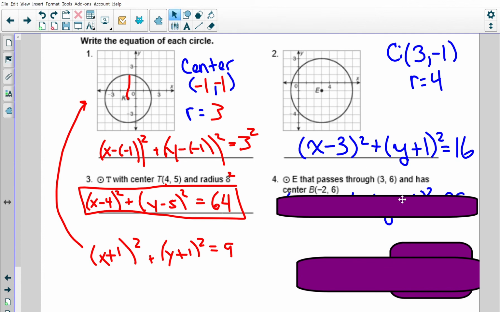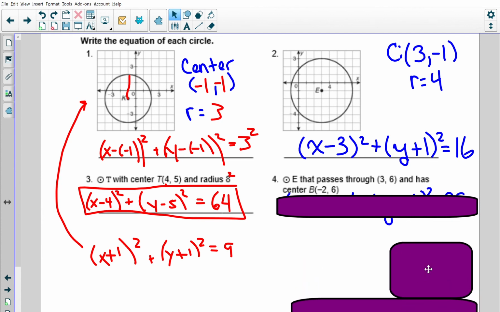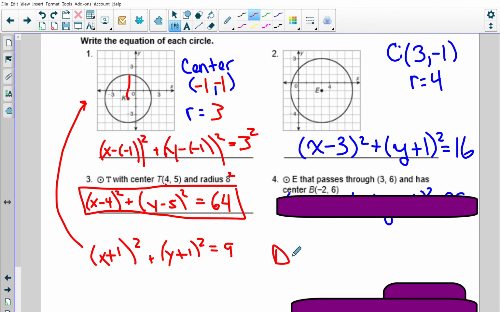How would you do this one over here? Well, it passes through 3, 6. Oh, I guess I should teach you how to do this one. All right, it passes through 3, 6 and has center, so you have to work out the distance formula, which is going to be 3 minus 2 squared plus 6 minus 6 squared.